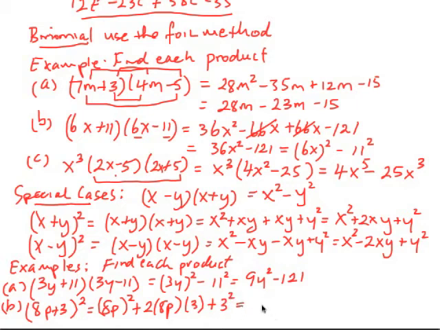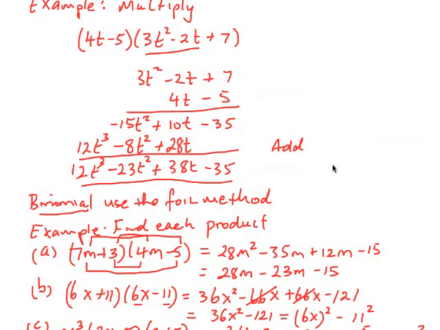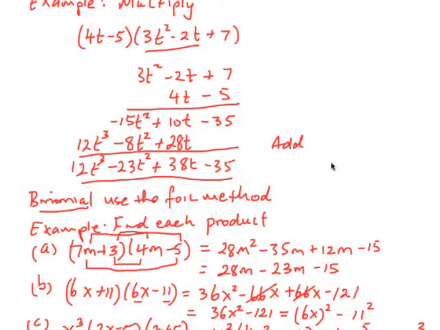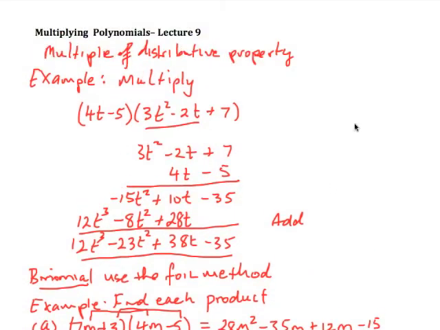So this will be equal to 64p squared. This will be 16 by 3, which is going to be 48p, plus 9 will be the result. Okay, so that's how we do the multiplication of polynomials.